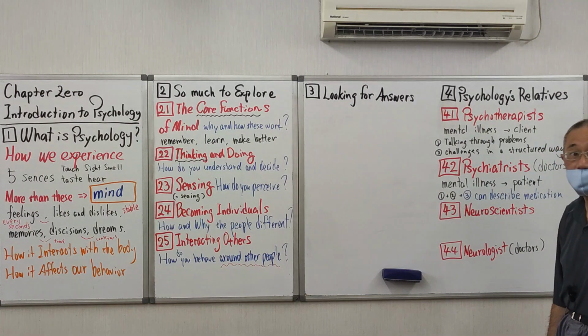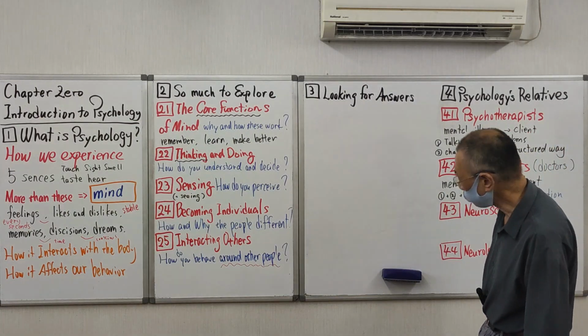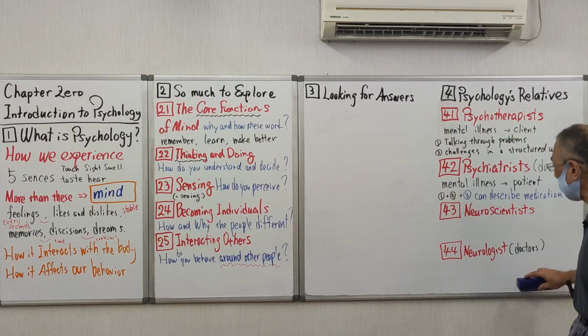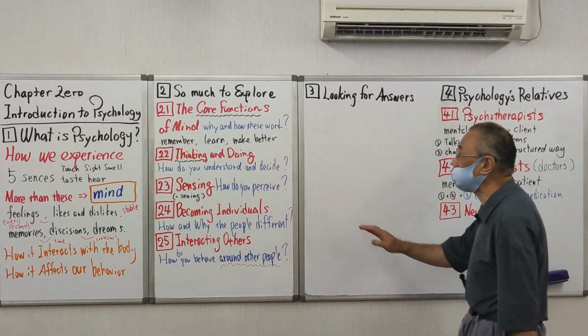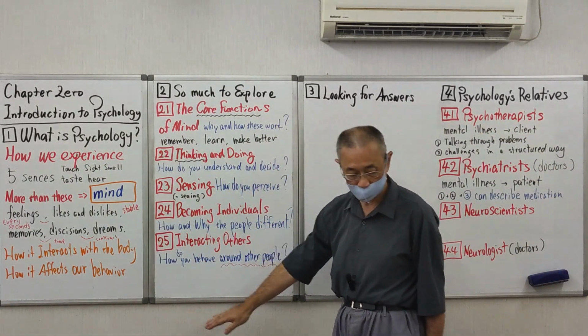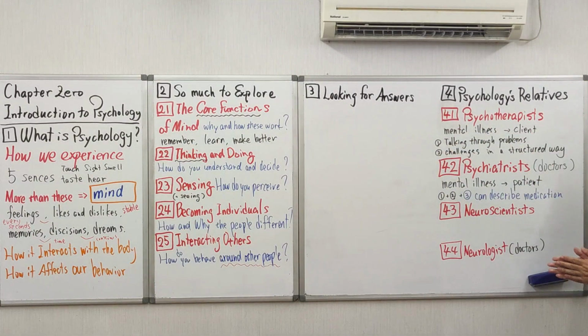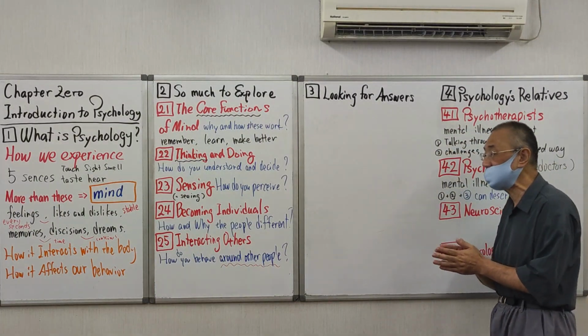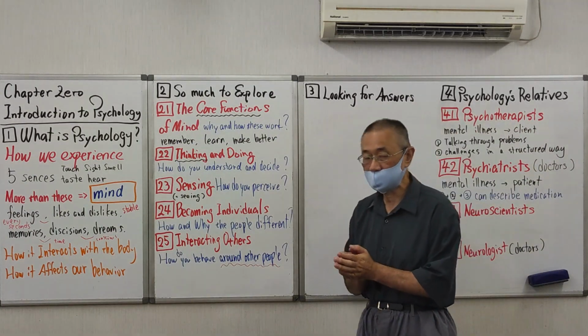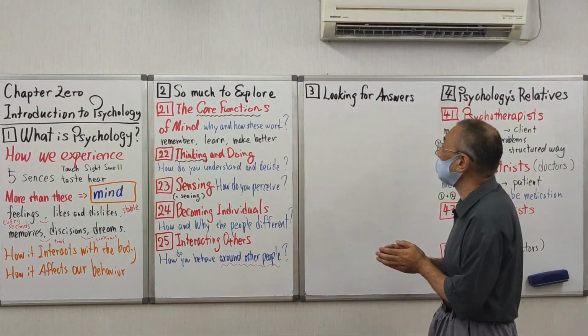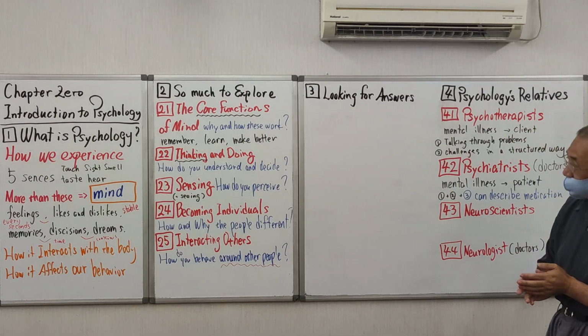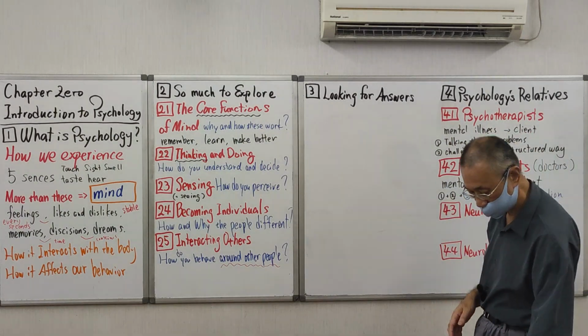Looking for answers. So these are the questions we have, five questions. Then we can focus on what psychology is and what the patterns are in psychology. Then we are looking for the answers, so questions with answers.